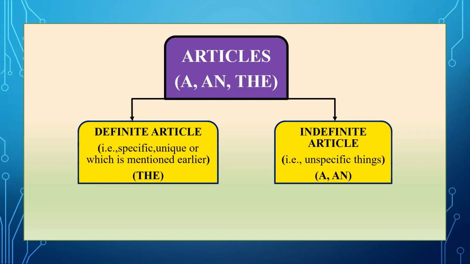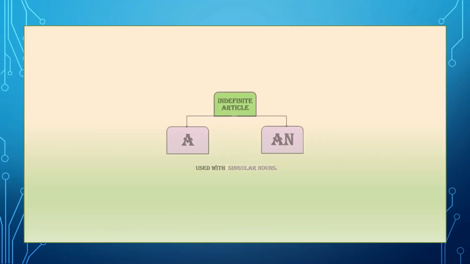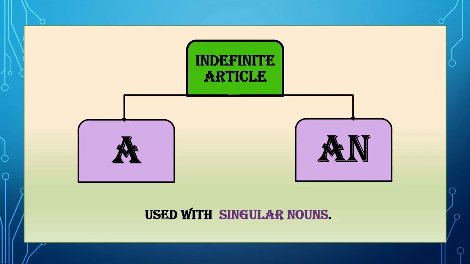A or an is called the indefinite article because it does not point out any particular object or person or thing. We use the indefinite article a or an with singular nouns.